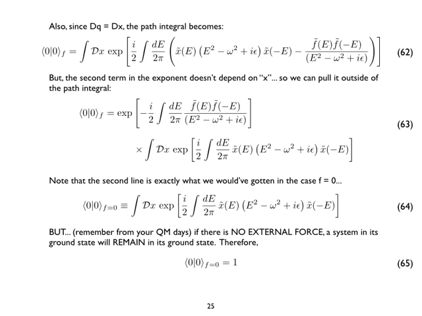If you make that connection, the second line in equation 63 would be the term with no external forces. And what do we know about the transition amplitude to go from one state, for example, from the ground state to the ground state, if there are no external forces?